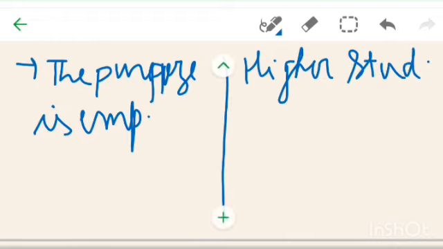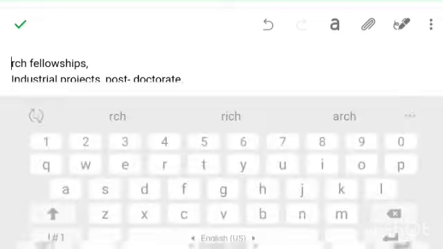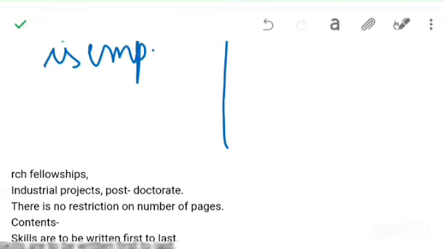For industrial projects also you prepare a CV. Fine. So all this is there. Next, let's move to the slide. So see here, everything is written.